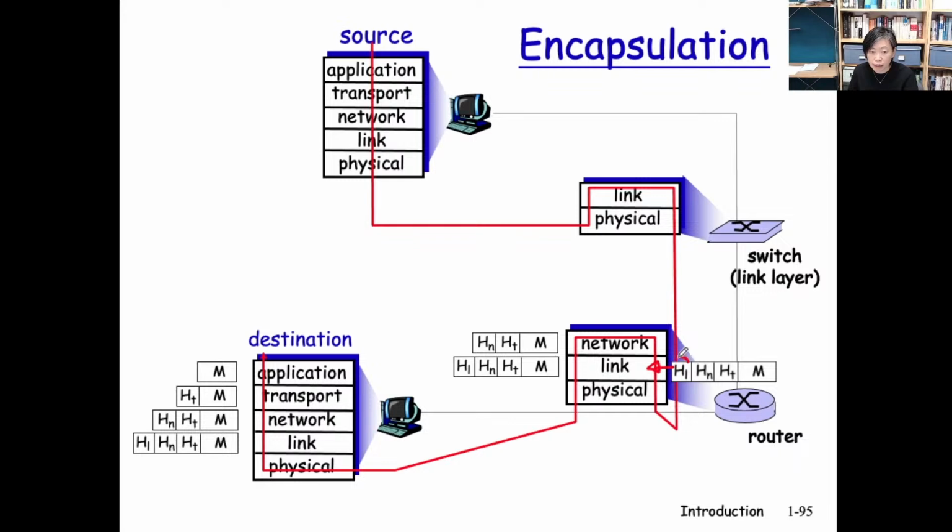The link layer at the router is going to examine this header and see if there's any additional function that it needs to perform. When everything is done, guess what? This header is going to be removed. So only the message with the transport layer header and the network layer header will be passed up to the network layer.